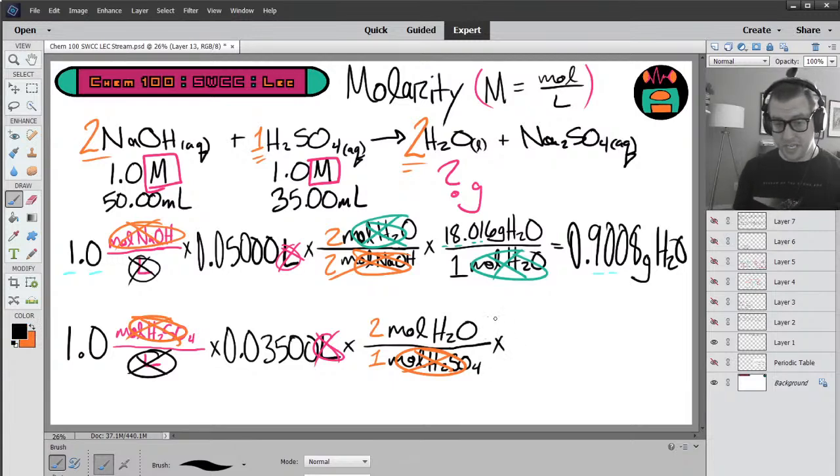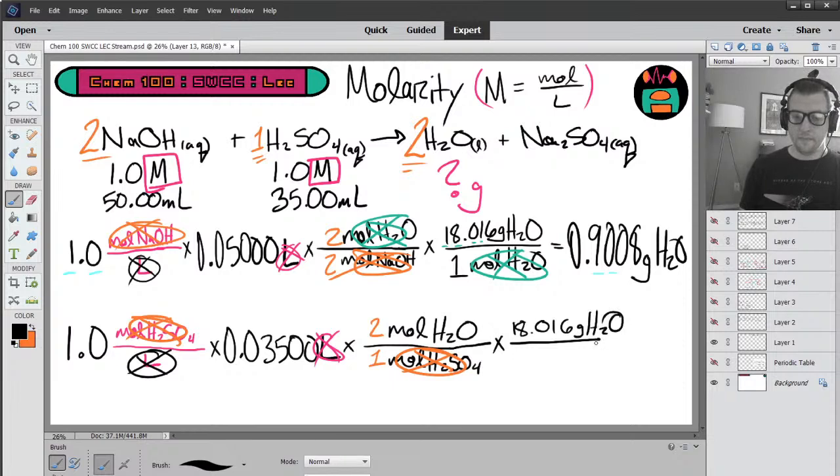Next, cool thing is we've already calculated our molecular mass of water, so we don't have to do that a second time. 18.016 grams per mole. And there's only 4 sig figs in this numerator. Moles of water cancel.